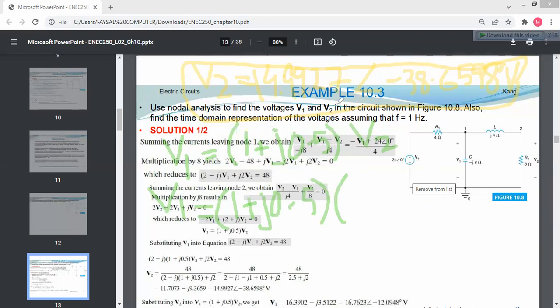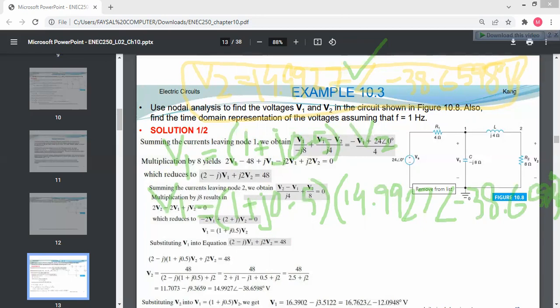So V1 equals to 1 plus j 0.5 into the value of V2. V2 value I calculated, so I have to put this value in this equation. It will be 14.9927 with the angle negative 38.6598 degrees.